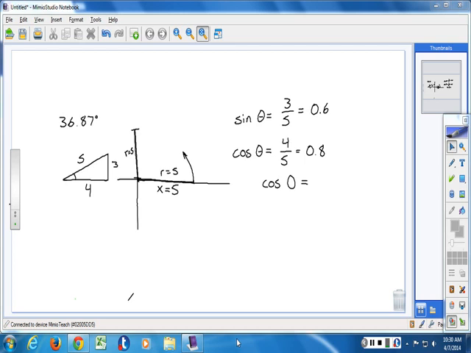We have no horizontal side-to-side motion. 0 over r, doesn't matter how big r is. 0 divided by anything is 0. So cosine of 0 equals 1 because it was a one-to-one ratio. Cosine of perfect 90 degrees, don't care what the radius is, does not matter. We don't have any horizontal travel, which means cosine of 90 is what? 0.